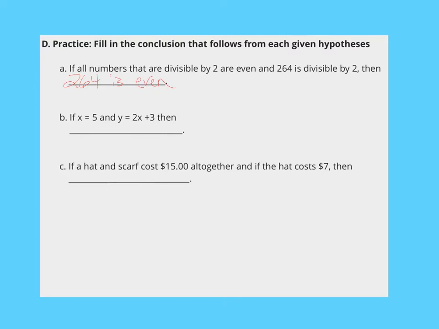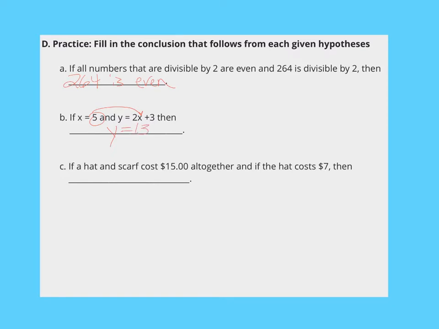In B, if x is equal to 5 and y is equal to 2x plus 3, then, so if we take that x equal to 5 and substitute it in for the x there, 2 times 5 is 10, so then we can say that y is equal to 13.